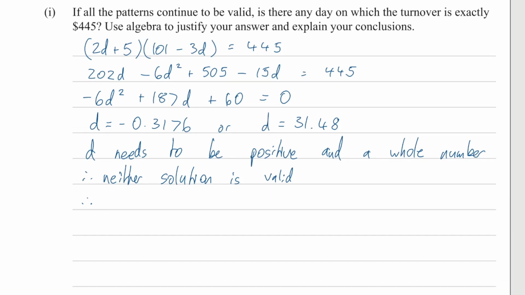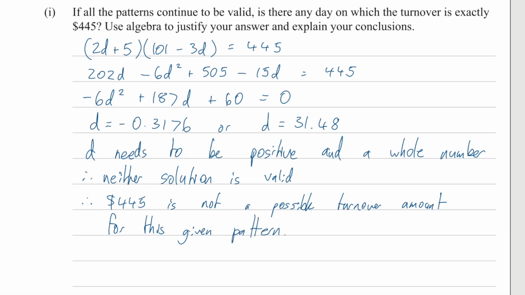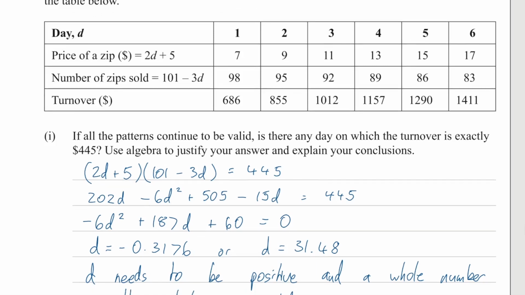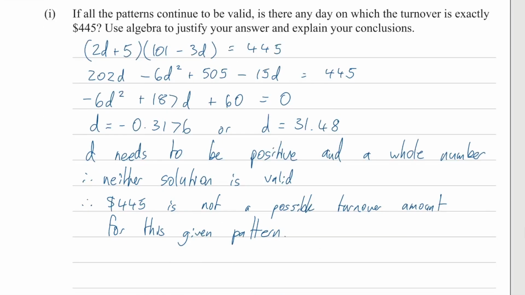Therefore, again, $445 is not a possible turnover amount for this given pattern. In reality, the pattern won't be perfect and it might change and $445 might happen, but in this context it doesn't.